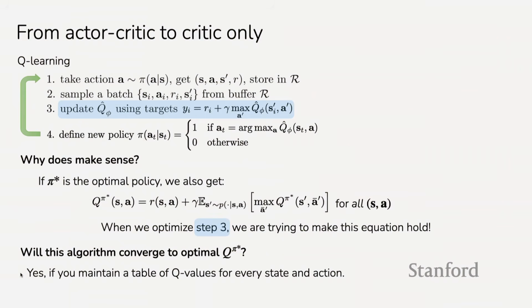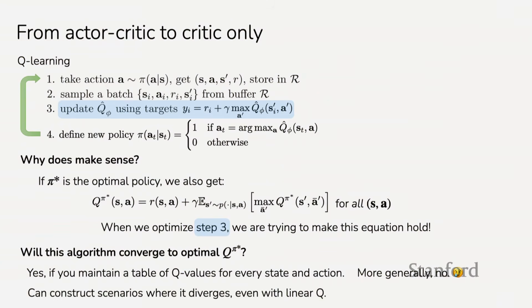So that's the good news. The bad news is that basically in any other scenario, it is not guaranteed to converge. And you can construct scenarios where it diverges, even with just linear Q functions, which is kind of sad.